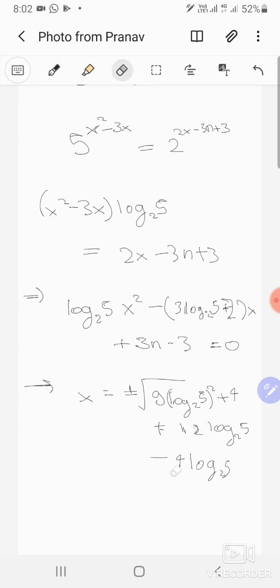So that's going to be 12n, and then you got minus 3, so it's going to be plus in that case. So plus 12 log base 2 of 5.